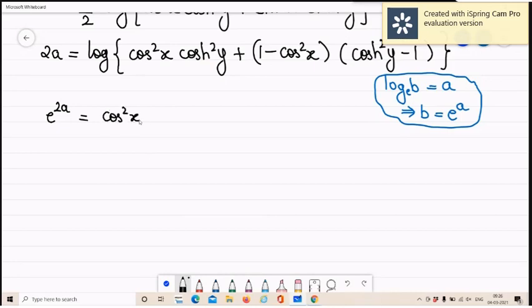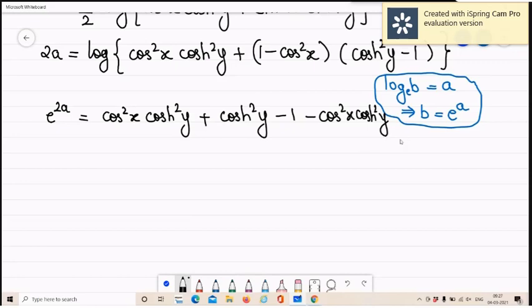So cos square x cosh square y plus, open the bracket, cosh square y minus 1 minus cos square x cosh square y plus cos square x. So what is happening? This part is getting cancelled. E raised to 2a is equal to.